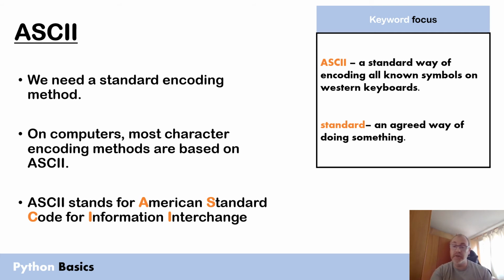It is a standard, so everyone has agreed this is how letters and numbers should be represented, and therefore everyone can read those files. ASCII stands for American Standard Code for Information Interchange. No one ever calls it that, everyone uses the word ASCII.